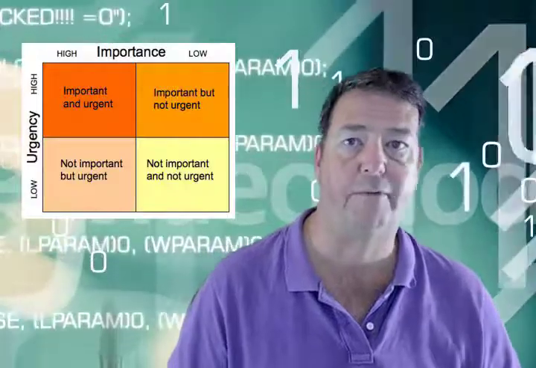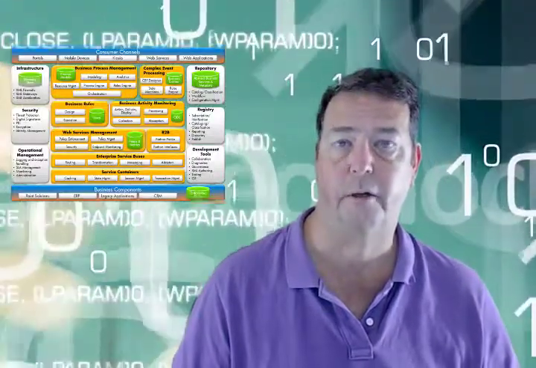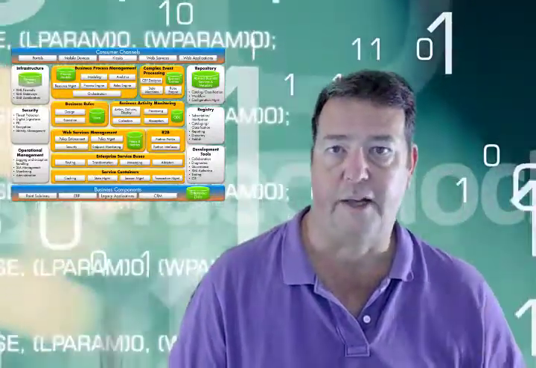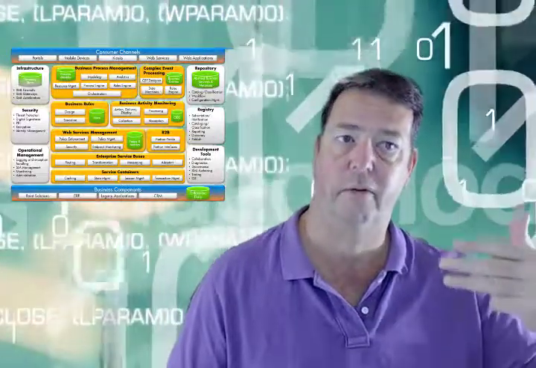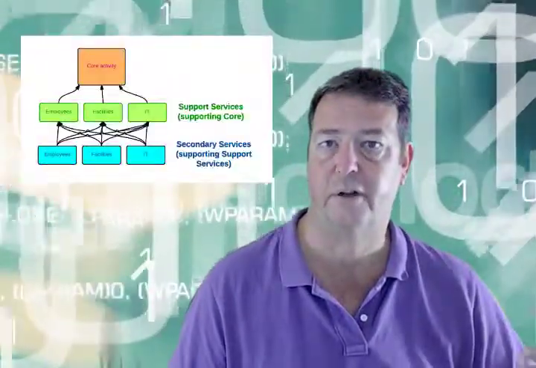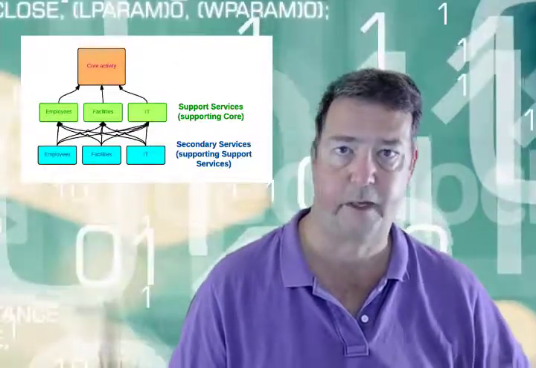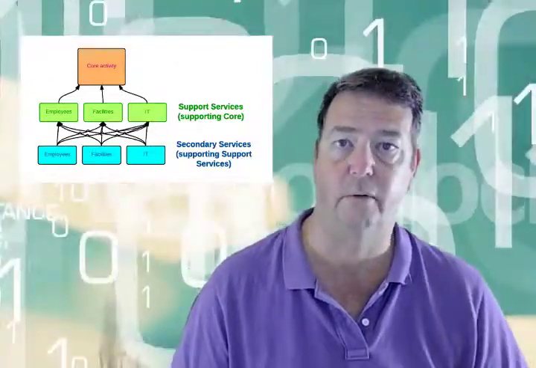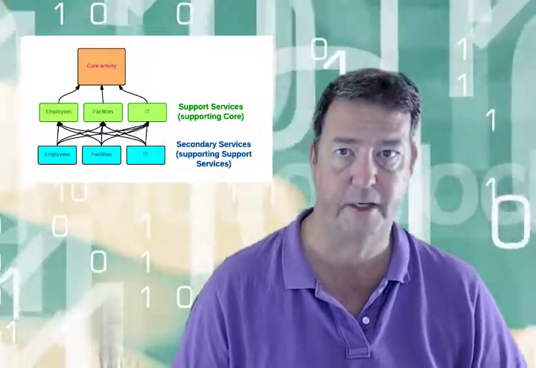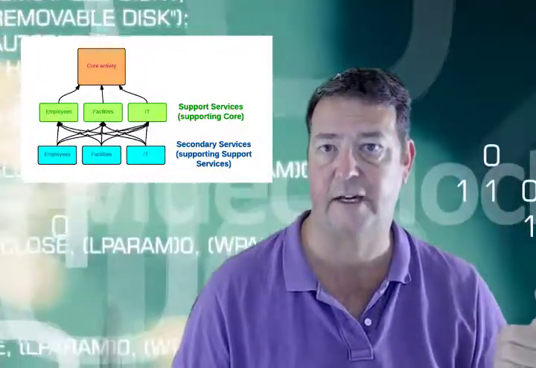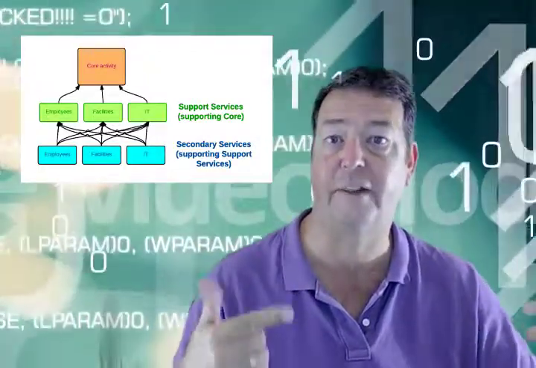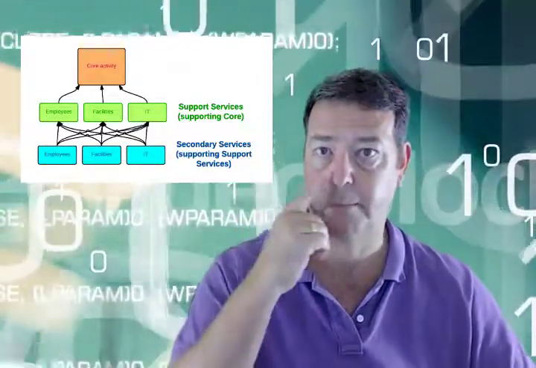When I created my reference enterprise architecture, I realized that there are, in essence, 3 layers for any activity in an organization. There's the core activity, which is core to the business. There's a secondary activity, a support activity that supports the core activity.